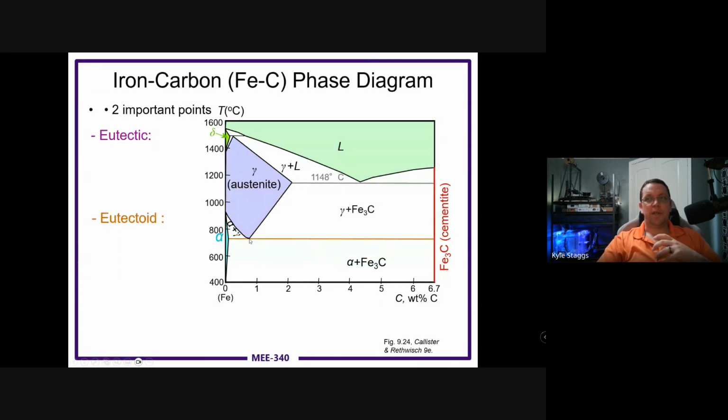We start to see the alpha change to gamma, and this is where, as we start that recrystallization process into gamma, we change the orientation, we can change mobility of carbon, and then because of that, we can change the kinds of grain structures that are going to result when we cool this down. So there's a lot of pieces and parts involved there.